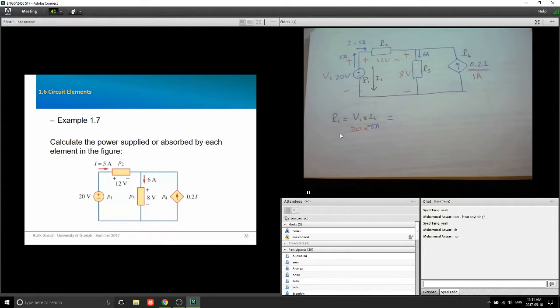Okay. So the power here is going to be equal to negative 100 watts. So it means I have 100 watts supplied. Well, this is a source.